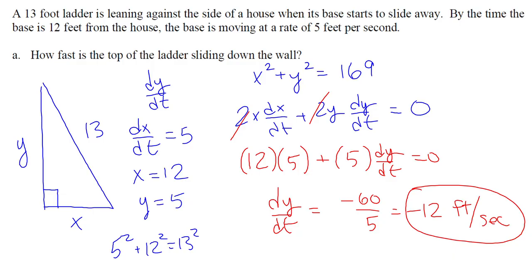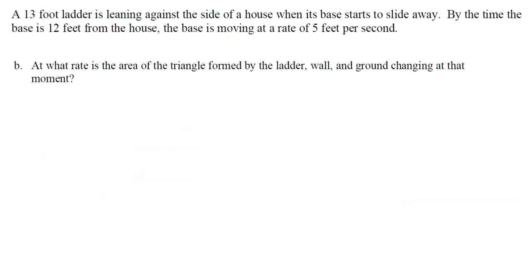So our next question here is actually a second part to this question. It says, at what rate is the area of the triangle formed by the ladder, the wall, and the ground changing at that moment? So we've got the same picture as before, but now this was 13, this was x, and this was y. But now we're looking for the area, right?